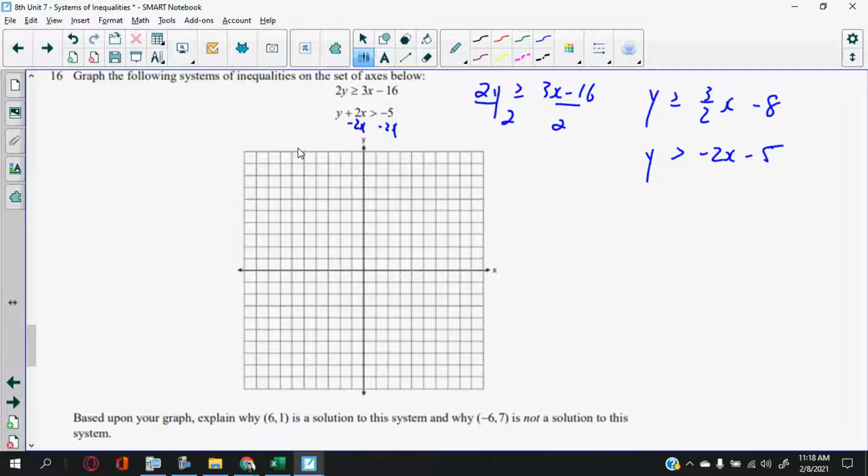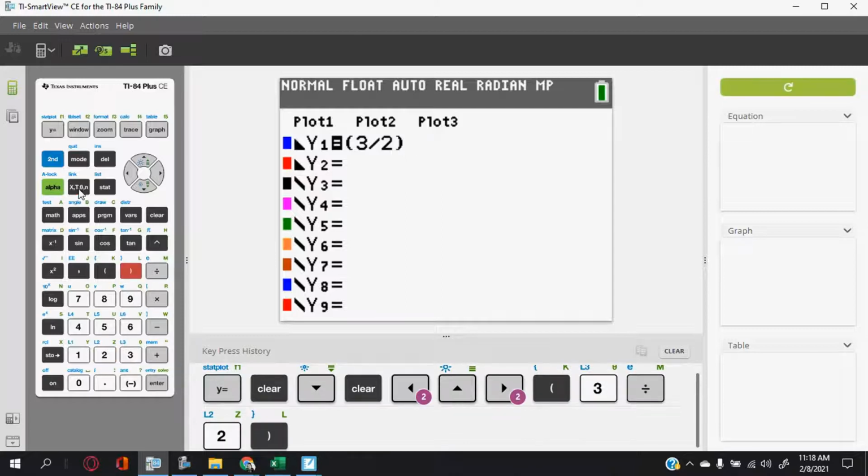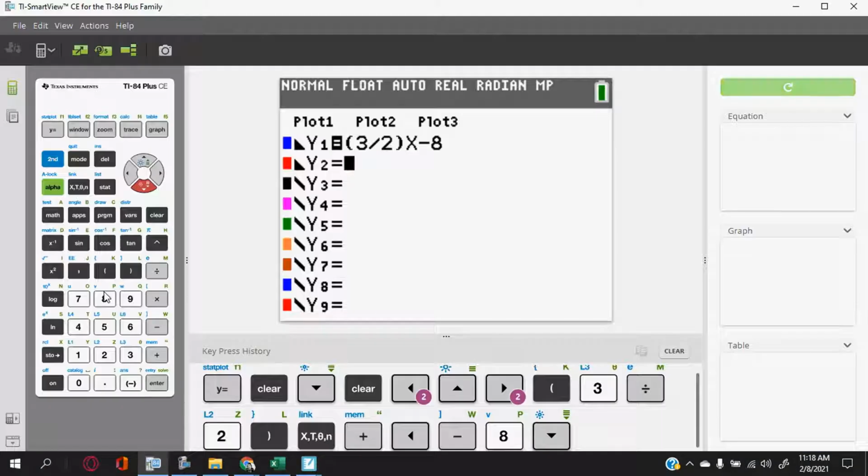Let me get the equation in there first: 3 halves x minus 8. Parentheses, 3 halves x, is it plus? Minus. Minus 8.